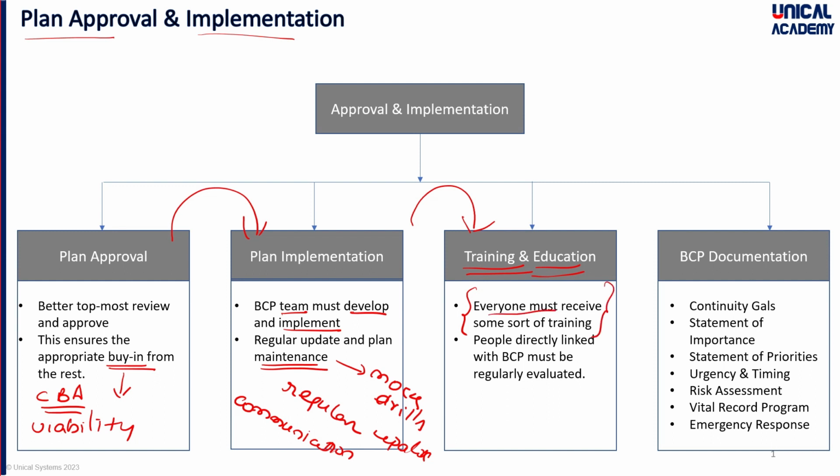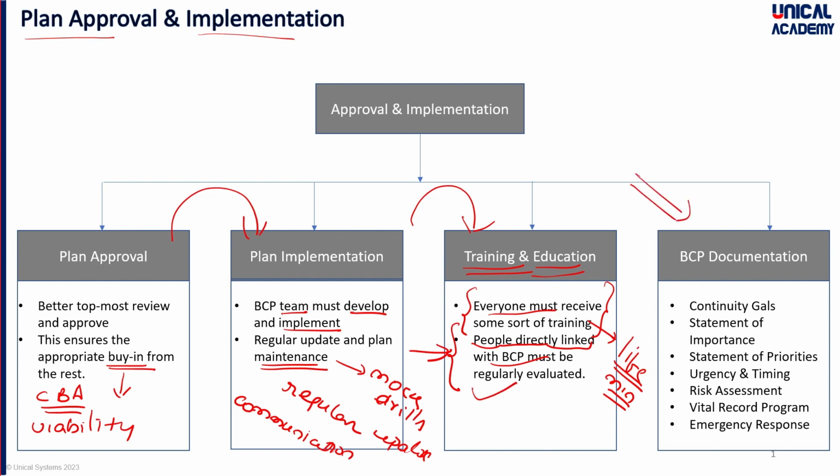The bare minimum training is what to do to save his or her own life in case of any eventuality, and what sort of minimum awareness is required for the job which he or she is performing. But for the people who are directly involved with BCP, the in-depth training to fulfill their expected activities as BCP team members needs to be planned.